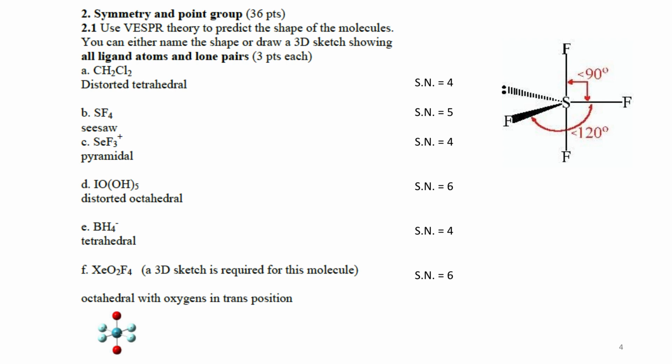The second structure, sulfur tetrafluoride. Sulfur has a valence shell electron count of 6. Now it uses 4 to form 4 single bonds with each fluorine, and that leaves 1 electron lone pair. So the steric number will be 1 lone pair plus 4 fluorine atoms, so a total of 5. So the ideal structure is trigonal bipyramidal. Now in this case, there's a lone pair.